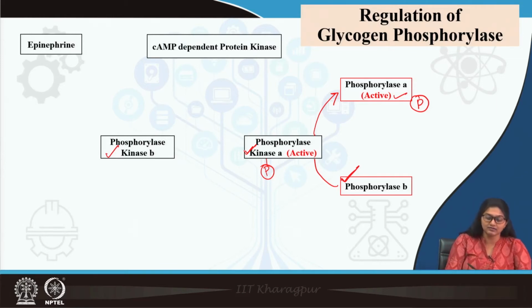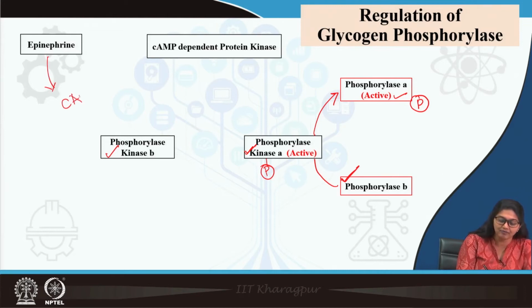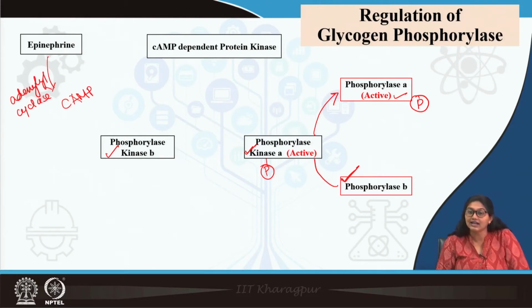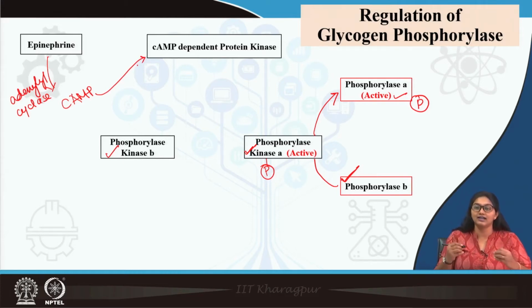What is that enzyme cascade? Epinephrine forms cyclic AMP with the help of the enzyme adenylyl cyclase. This cyclic AMP activates cyclic AMP dependent protein kinase. Kinase is related to phosphorylation.